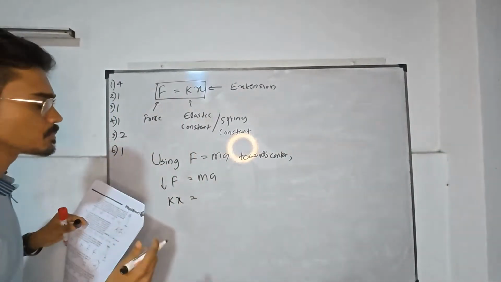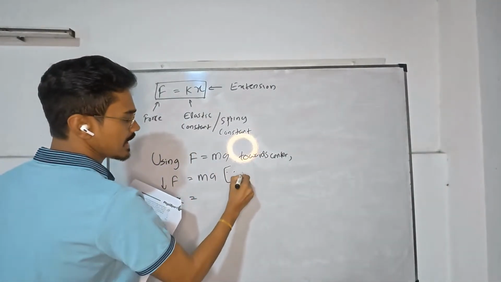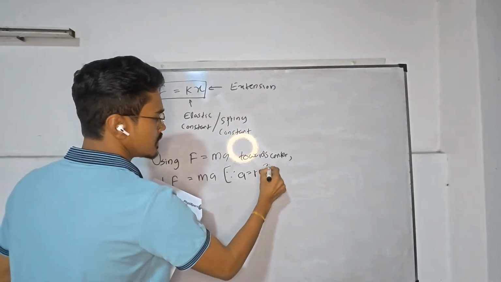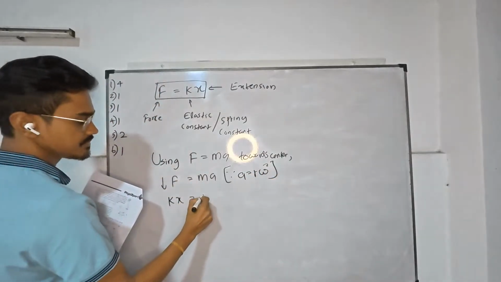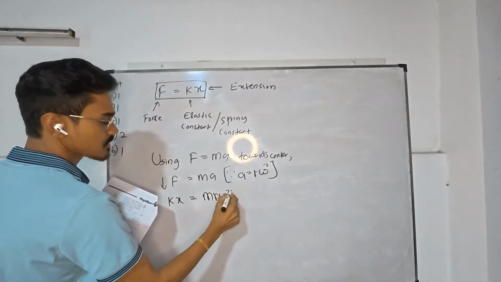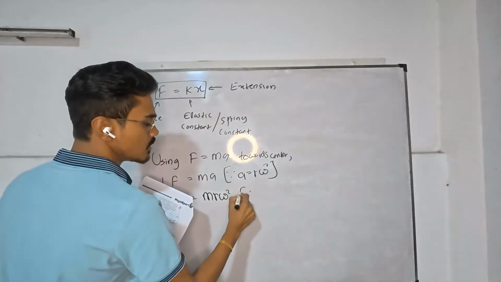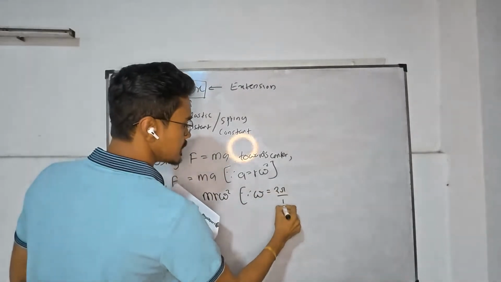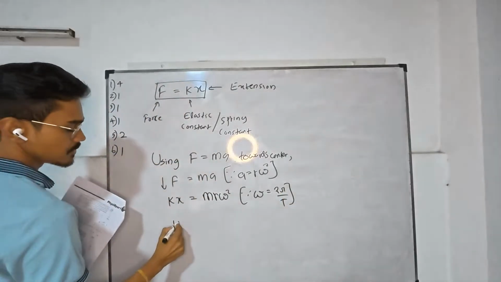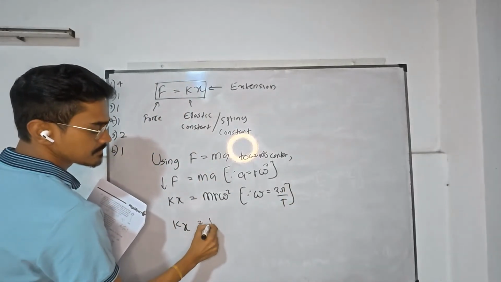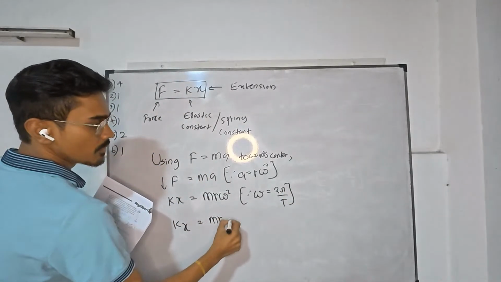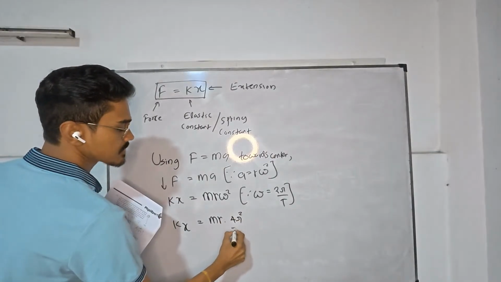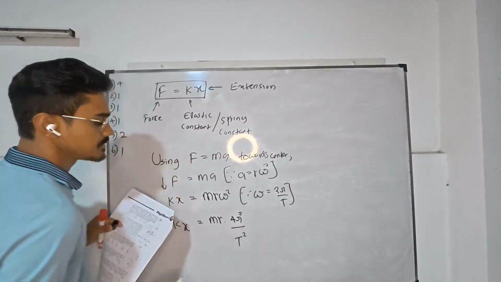And they are asking about period, so expand a as r omega squared, giving m r omega squared. We know omega is 2 pi over capital T. So kx can be written as m r times 4 pi squared over T squared.